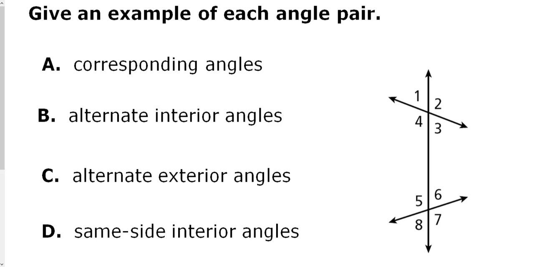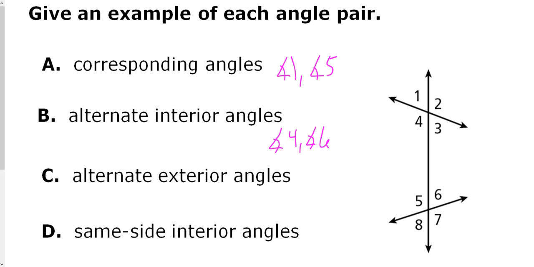Okay, so what you should have found here for corresponding angles, there are 4 possible answers. One answer would be angle 1 and angle 5. But you could have said 2 and 6. You also could have said 4 and 8, or you could have said 3 and 7. Alternate interior angles, one possible answer would have been angle 4 and angle 6.